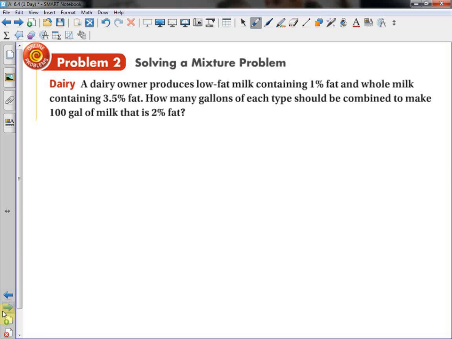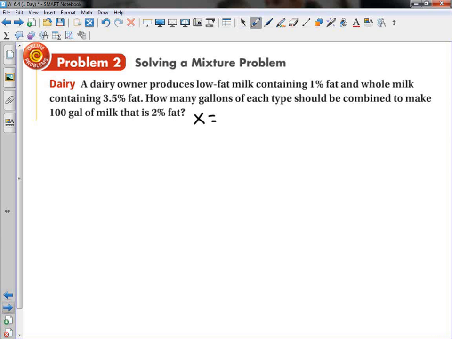Problem number 2 is a mixing problem. Okay, and we have a dairy owner who has 1% fat and whole milk, and he wants to combine them to make 100 gallons of 2% fat. So on this one, let's come up with our variables first.